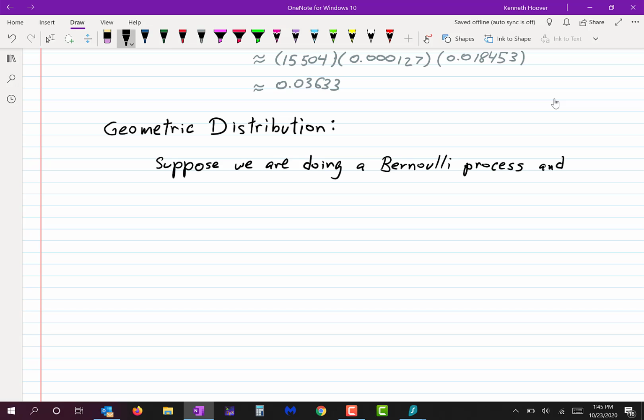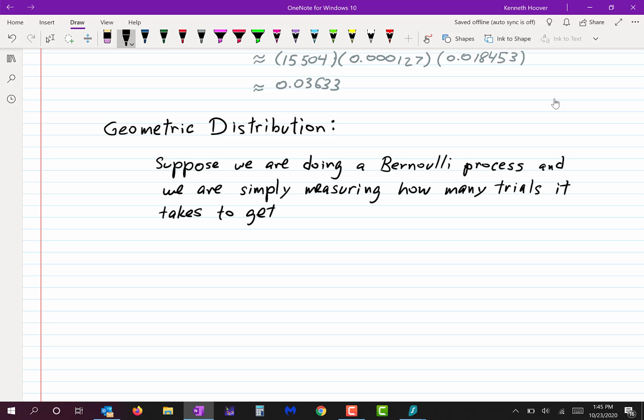And we are simply measuring how many trials it takes to get our first success.